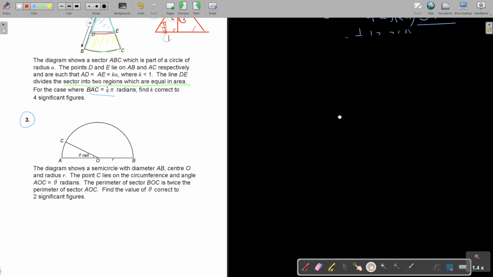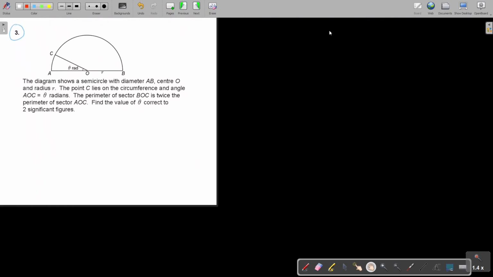Okay, so let's do number 3. Let's move up. Let's see what they are all showing me. The diagram shows a semicircle with diameter AB, center O, and radius R. The point C lies on the circumference and angle AOC is theta radians.